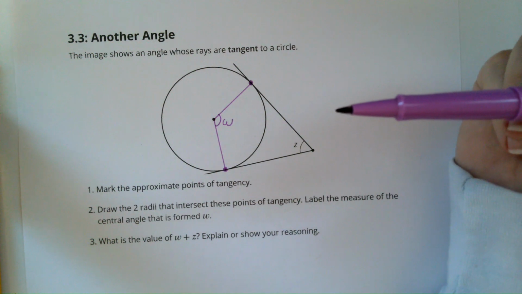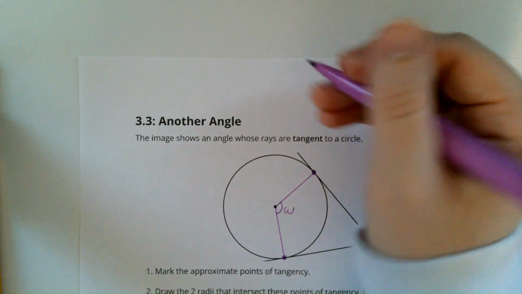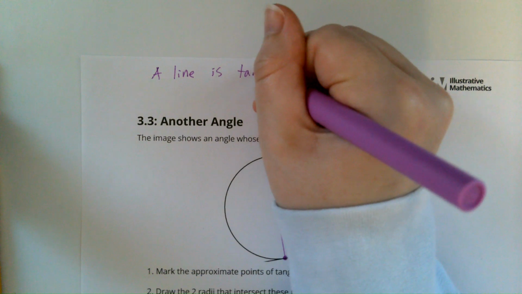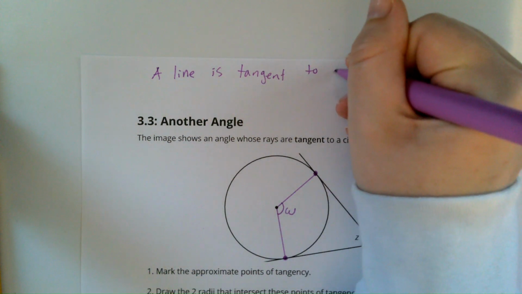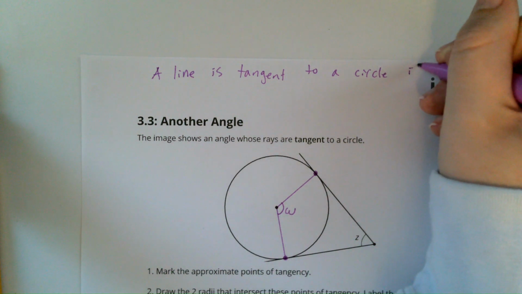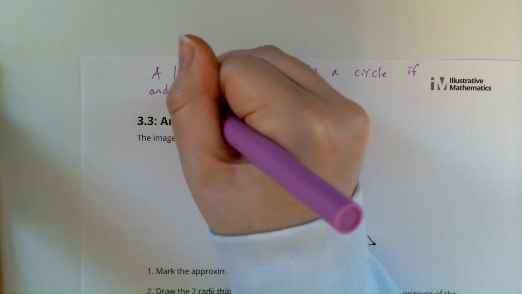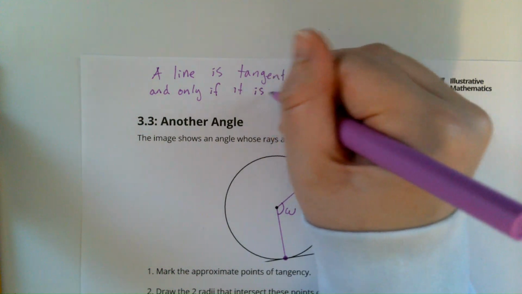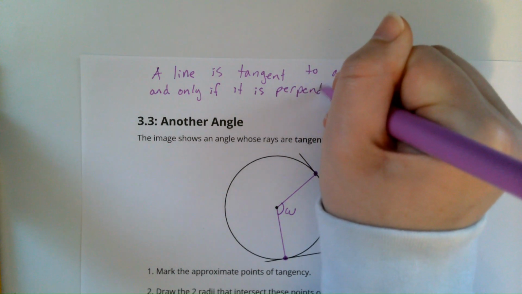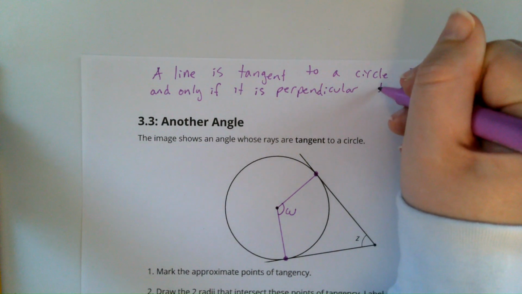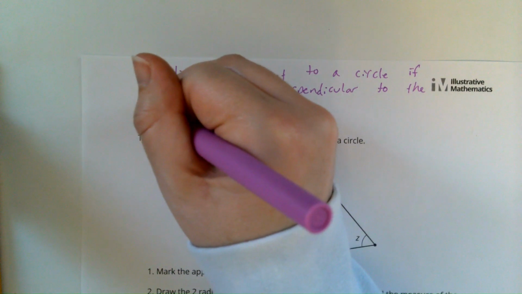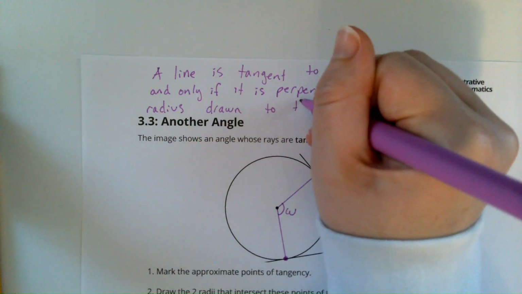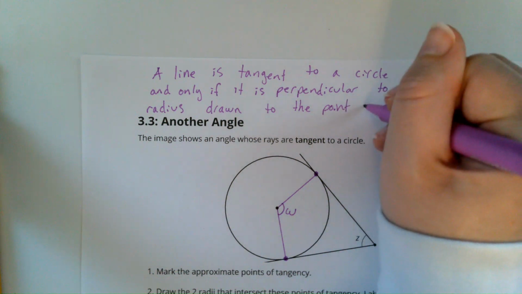We talked about how we said a line is tangent to a circle if and only if it is perpendicular to the radius drawn to the point of tangency.